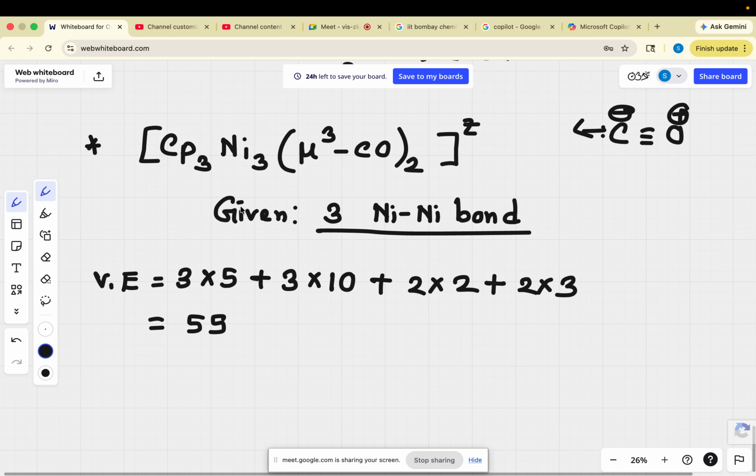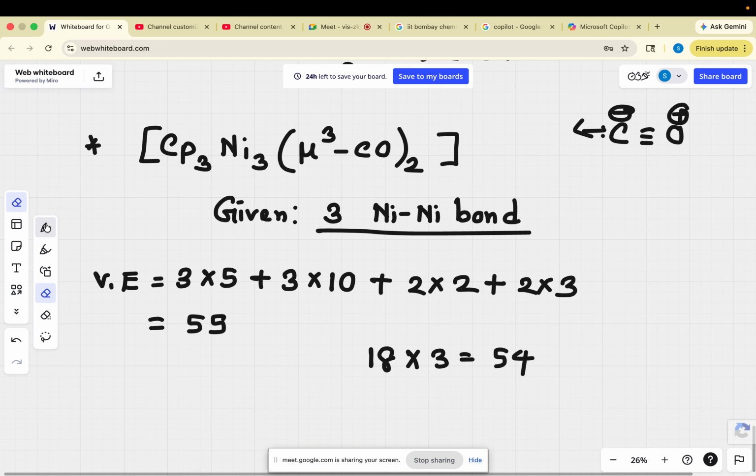So according to the 18 electron rule, if it is following the 18 electron rule, you have three nickel centers, so 18 into 3 means 54. Not 54 minus 55, the z value should be plus 1.